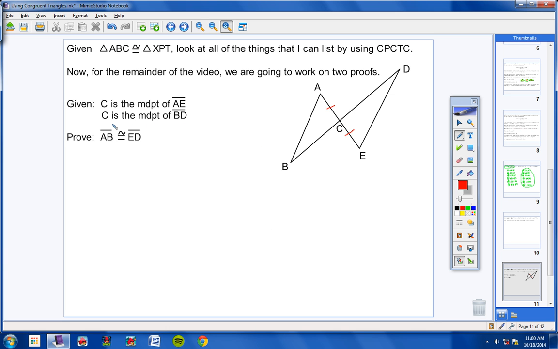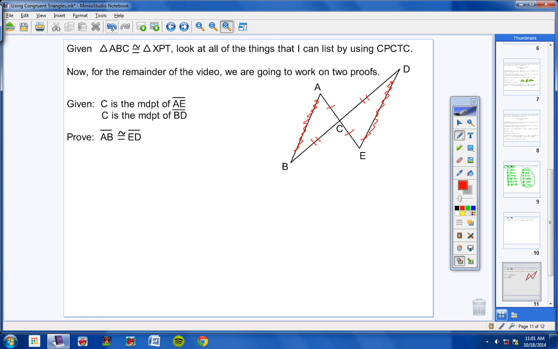Now, we also know that C is the midpoint of BD. So C is right in the middle of BD. Then we know BC has to be congruent to CD.